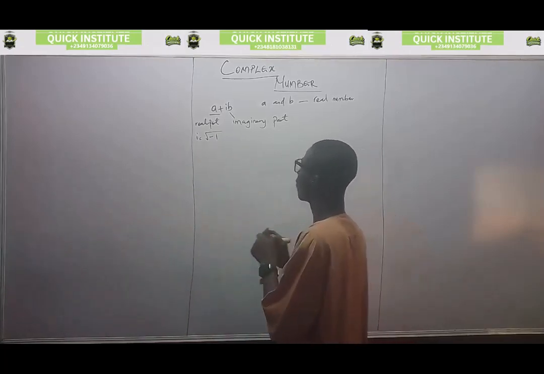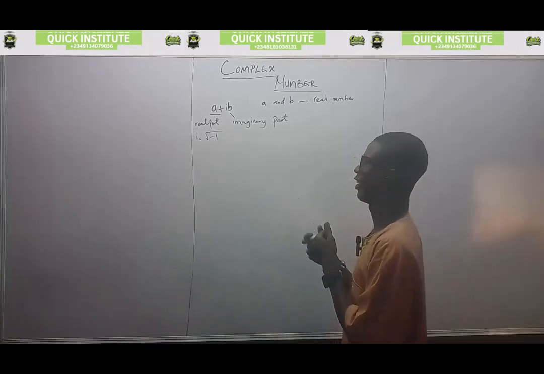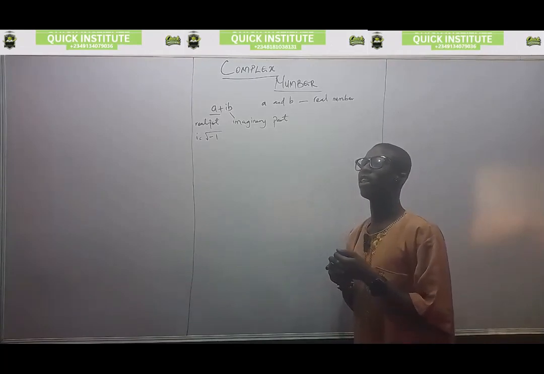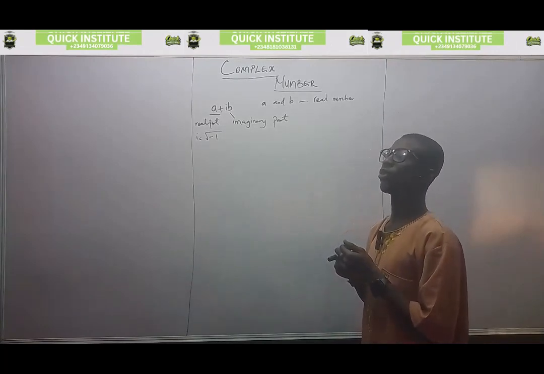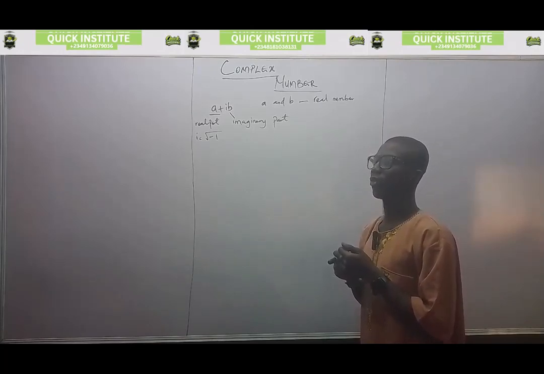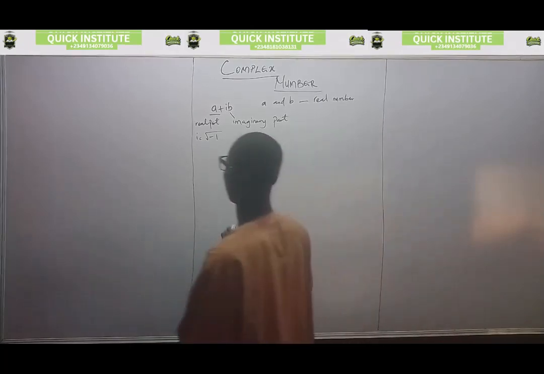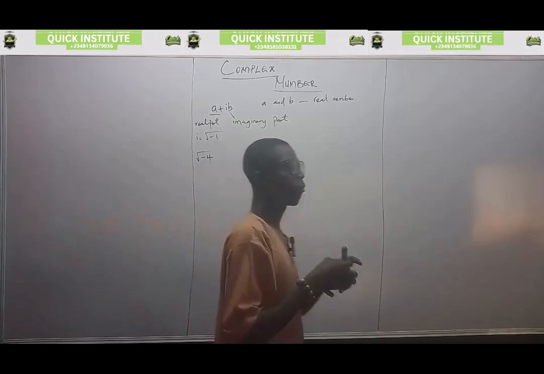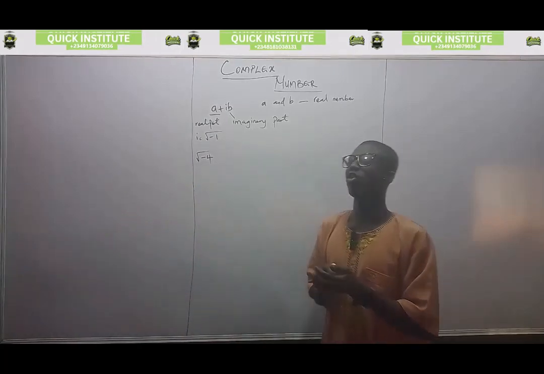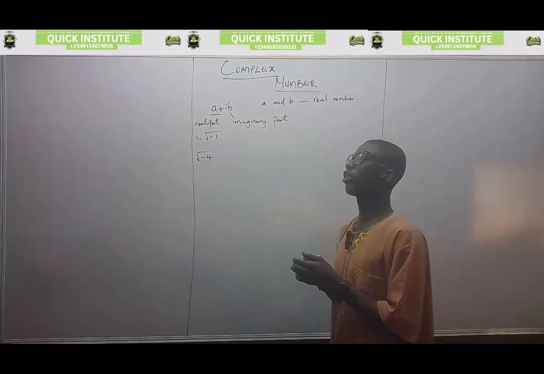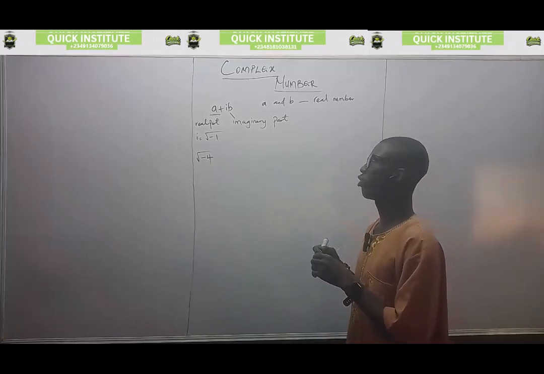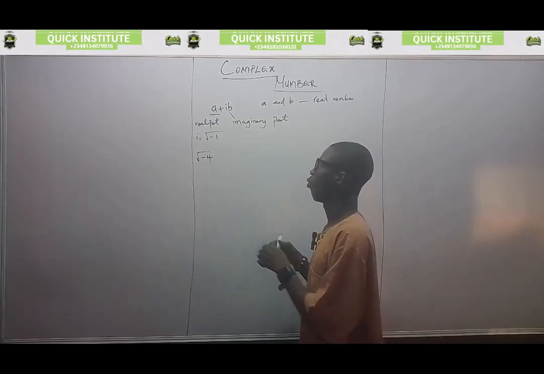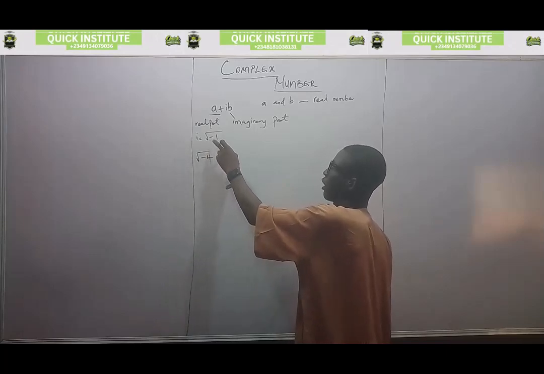Before the 16th century, it was difficult to solve the square root of a negative term. For instance, the square root of minus 4 was impossible to find, not until the 16th century, when the idea of i equals the square root of minus 1 came.